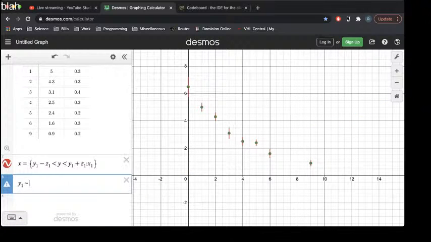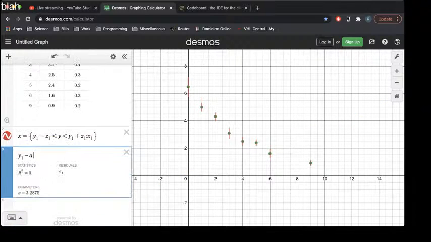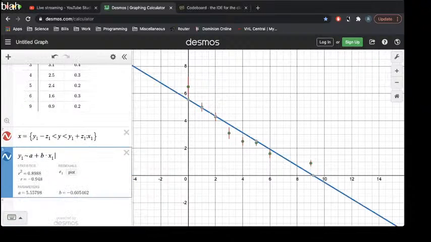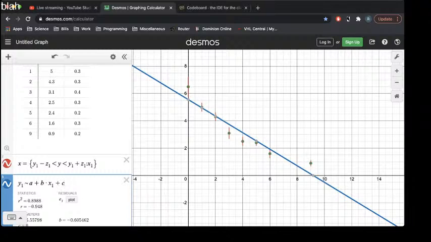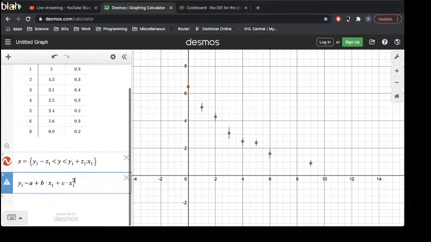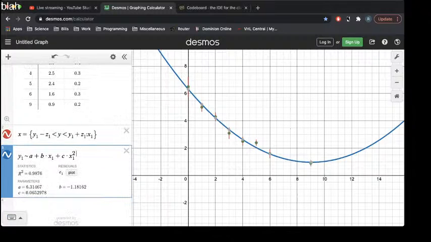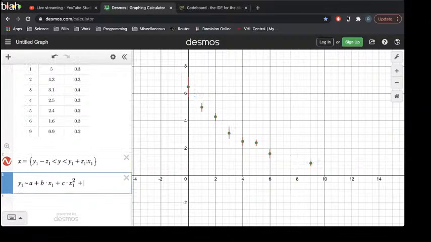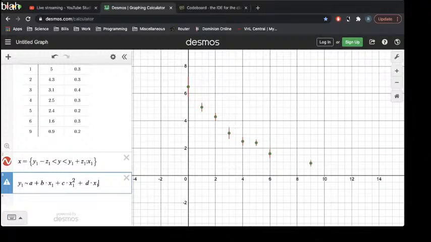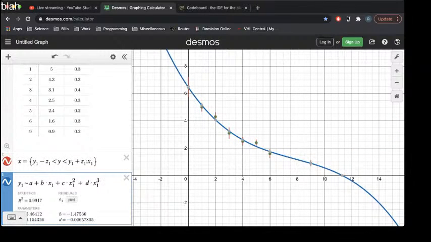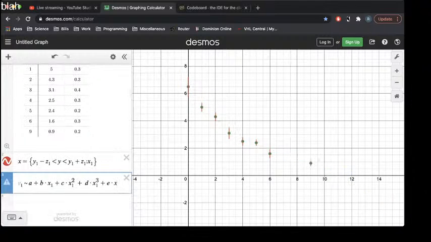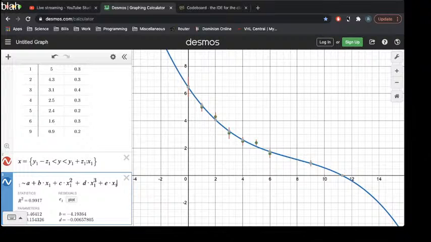Let's say A plus B times x1 plus C times x1 squared plus D times x1 cubed, plus E times x1 to the 4th.